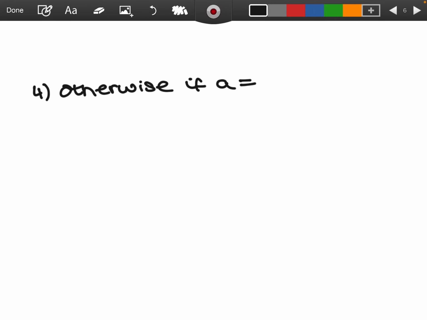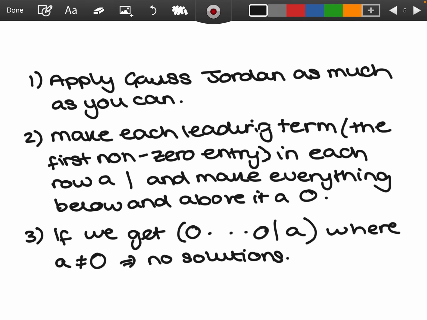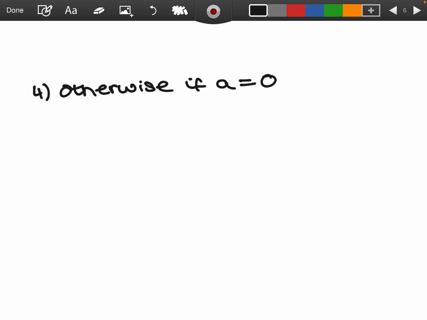So otherwise, if A equals 0, so if we end up with a particular row where we've got zeros on the left and a 0 on the right, and or, either way, we have a column that doesn't contain a leading term, or a pivot.